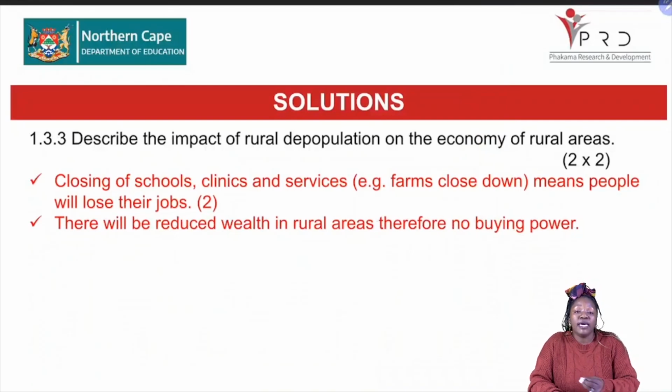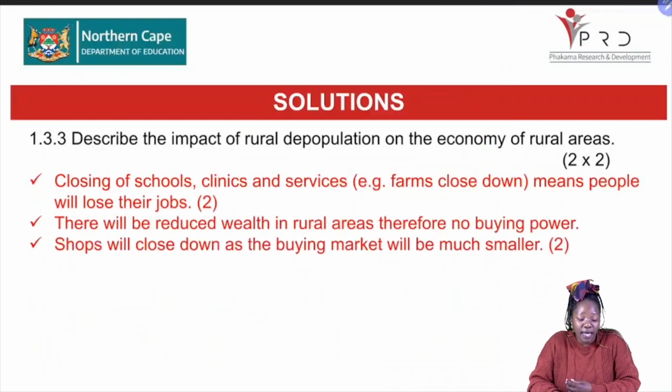Remember, we are looking at the impact on the economy. If people are losing their jobs, those people will not be able to buy. Those people will not be contributing towards the tax, which means the economy of that area will be deteriorating.